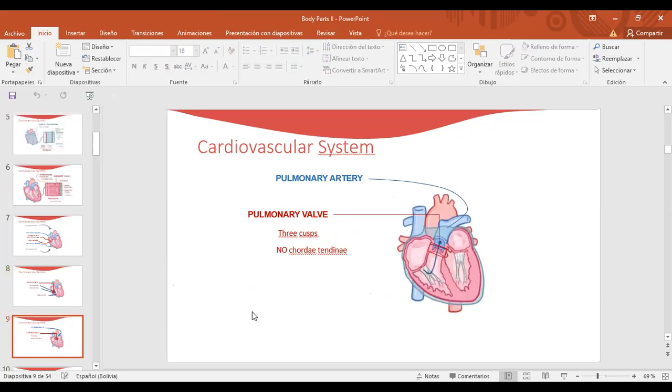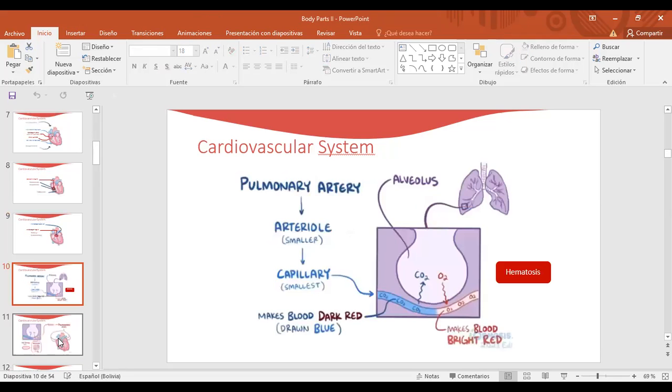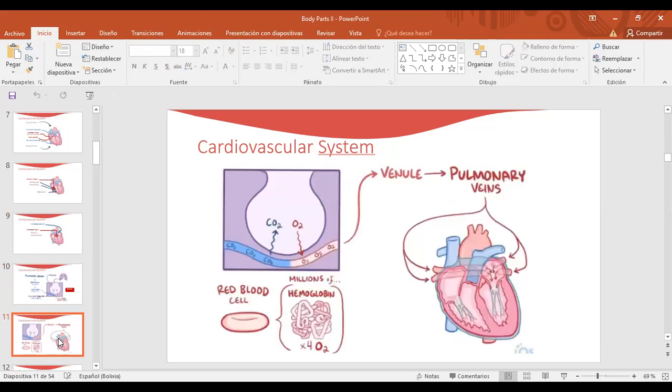Okay, so here, do you remember this one? Chordae tendineae. Great. This one's easy. Could you tell me this molecule? Hemoglobin.